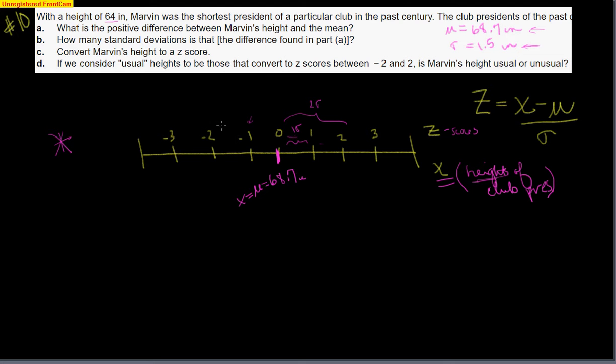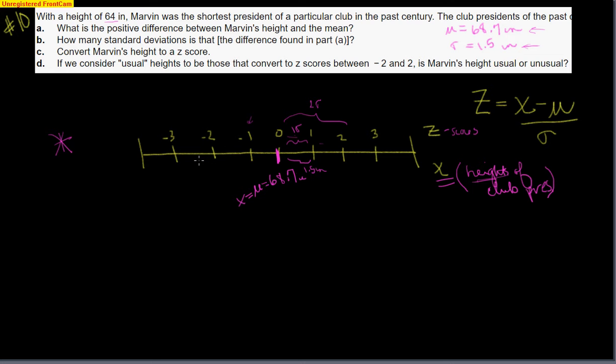However, what changes are the x values. What is 1 standard deviation for this particular problem? Well, 1 standard deviation for this particular problem is 1.5 inches. So we can figure out what is 1 standard deviation above the mean.